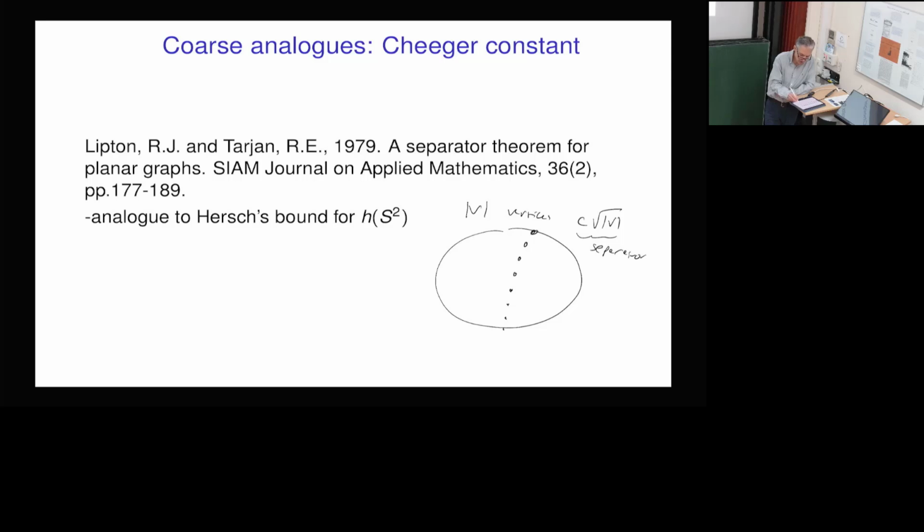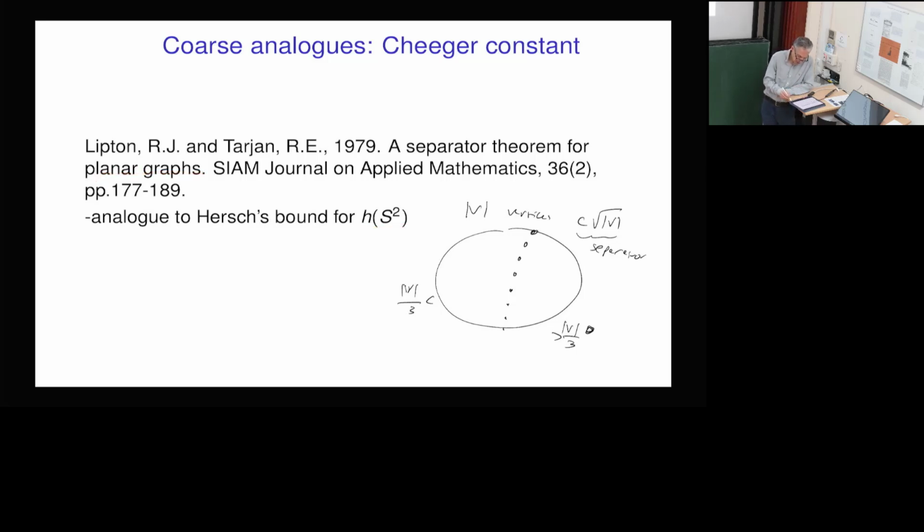Separates means both pieces have, say, greater than v over 3 vertices. Under what assumptions? For planar graphs, for any planar graph, that's the only assumption. So that's why I say it's an analog to HS2.